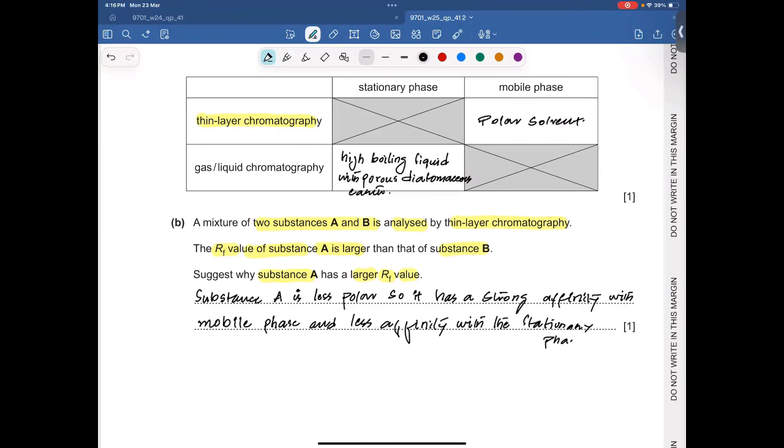Stationary phase is made up of silica gel, and the surface of silica gel is extremely polar because of the presence of OH group. Even you can check in my lecture also.